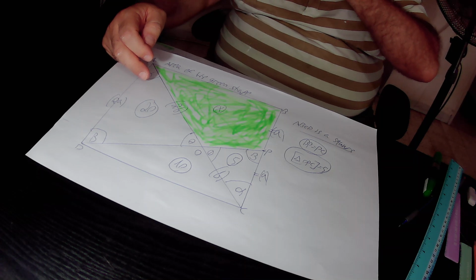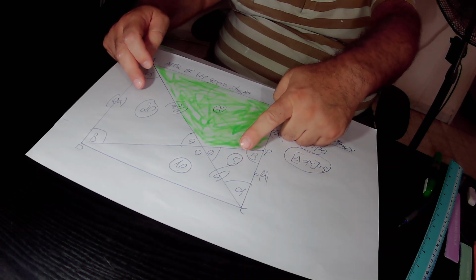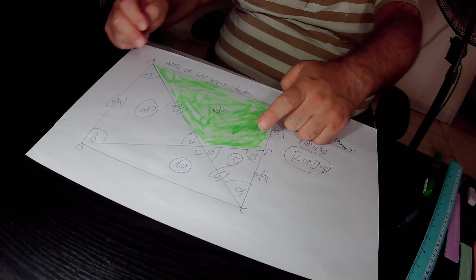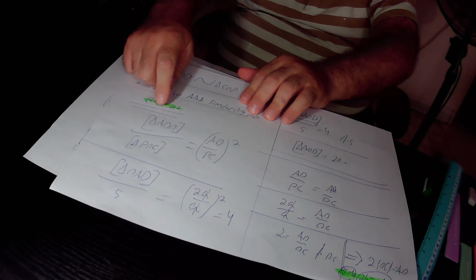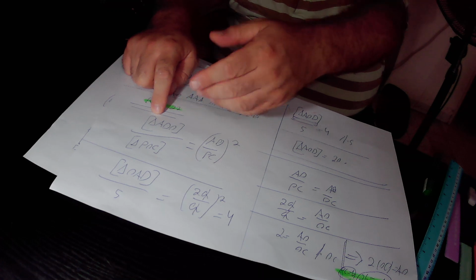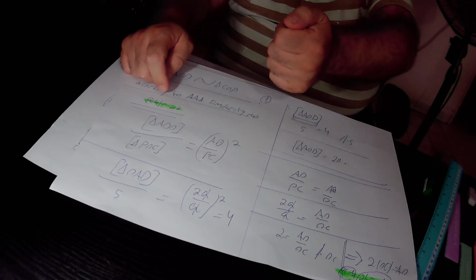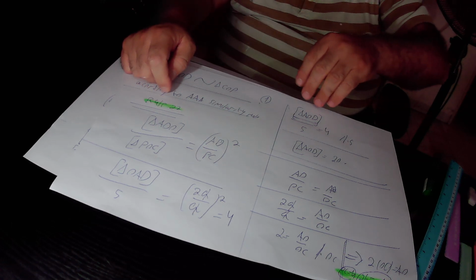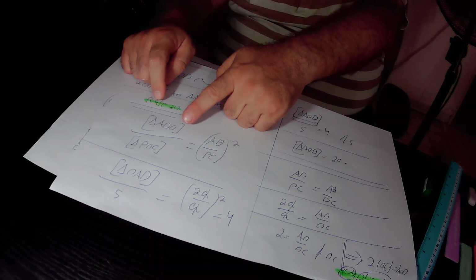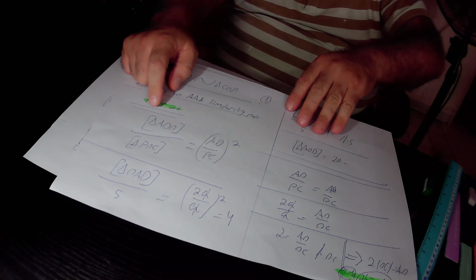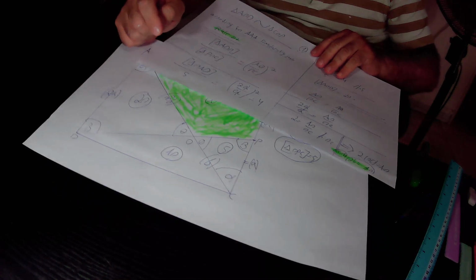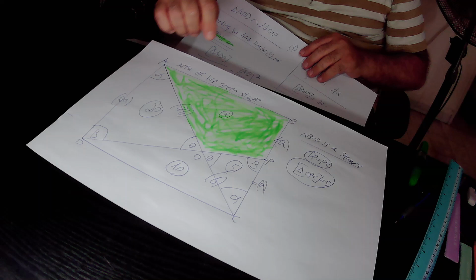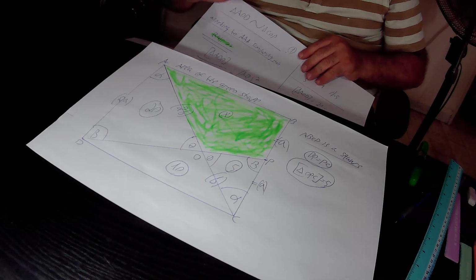According to rule 22, the ratio between the areas of those two similar triangles, the area of triangle ADO over the area of triangle POC, is equal to the square of the ratio of their corresponding sides.